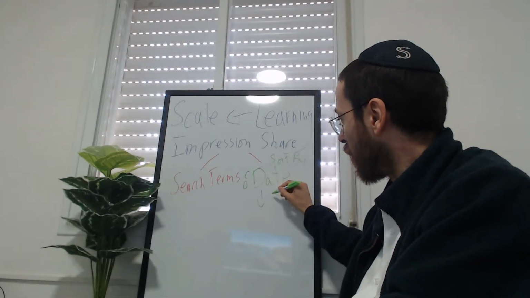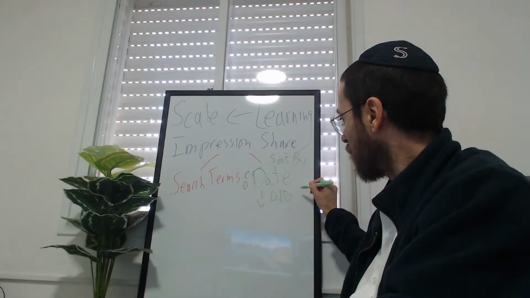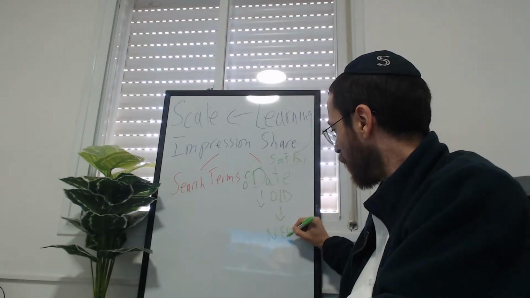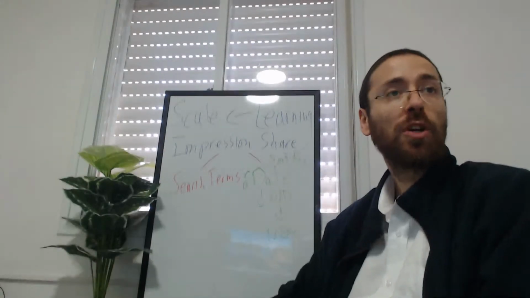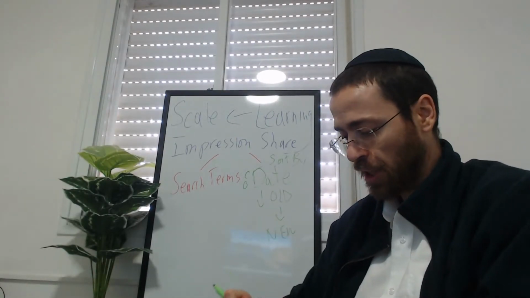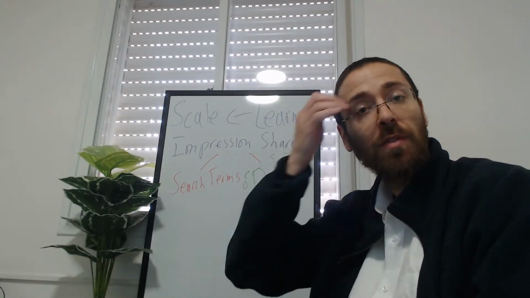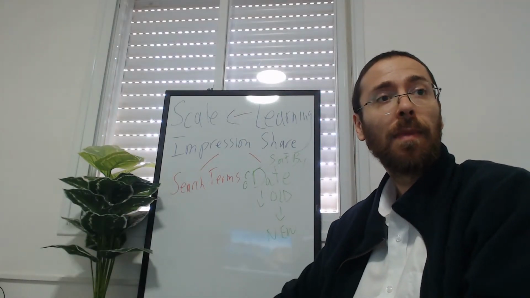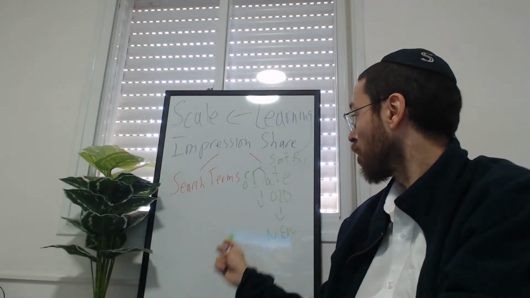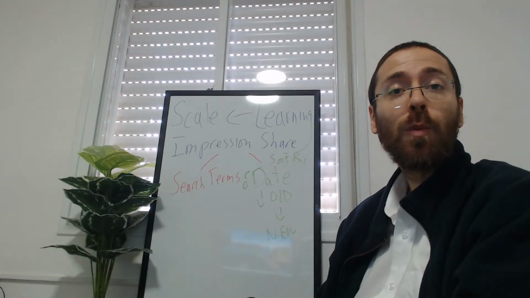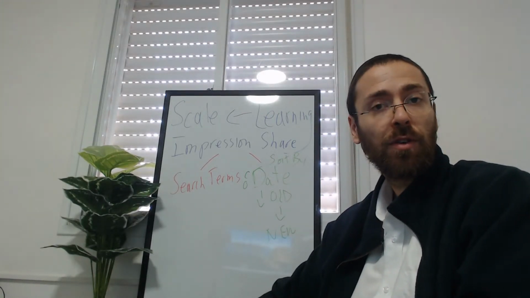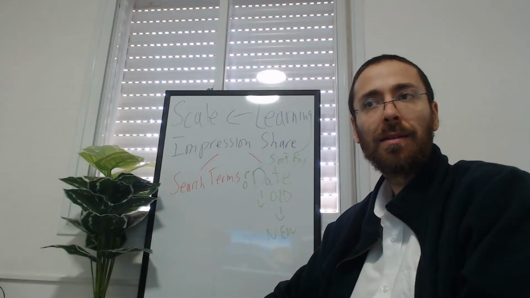You go old to new. And that'll show you the progression over time of your impression share. So what percentage of the available impressions on a given search term you're getting, as well as that will show you your rank for that search term. So for example, if you are ranked first or if you're ranked 10th and so forth.